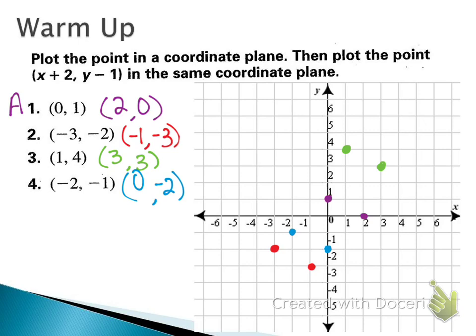So all of these higher points were our original points, and then they all moved. And it should be apparent from this graph that they all moved the same way. All right? They all went down 1 and then over to the right 2, or right 2 and down 1, which should make sense based on the rule that they gave us. But we just shifted all the points over and down a little bit. Questions on the warm-ups?